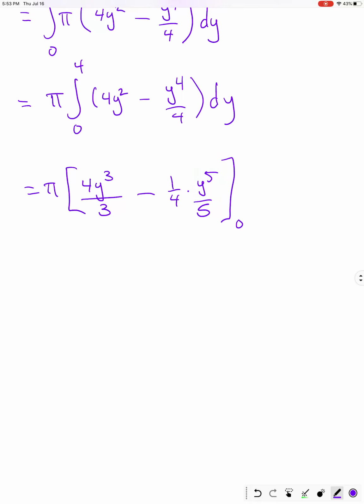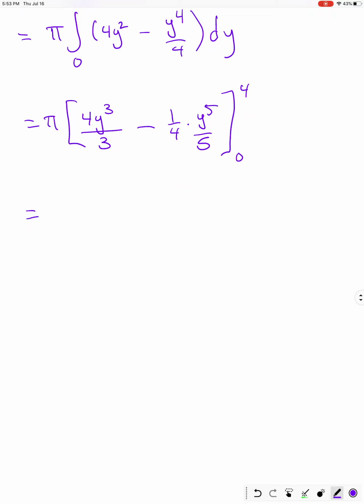Okay, so then I need to evaluate that from 0 to 4. So for the fundamental theorem of calculus, I put in the 4 first. So I have 4/3 times 4 cubed. So this 4 went right there, and I wrote the 4/3 as a fraction out front.